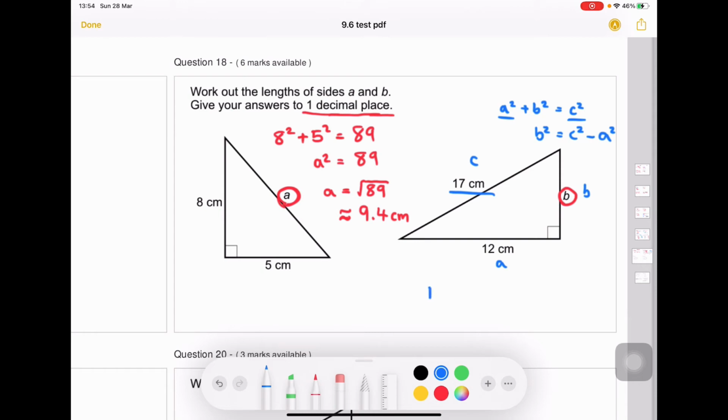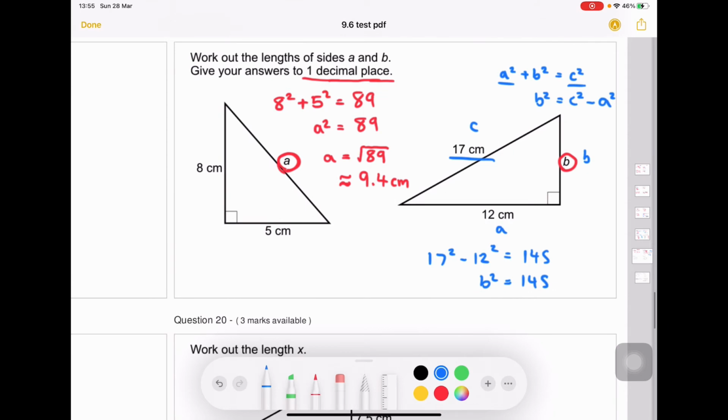So here we're going to do 17 squared, take away 12 squared, which equals 145. Remember, you'd be allowed to use a calculator for these questions. B squared equals 145. So B equals square root of 145. If you type this into a calculator, the answer to one decimal place is 12.0. It's 12.04, so I'll just write 12.0 centimeters.